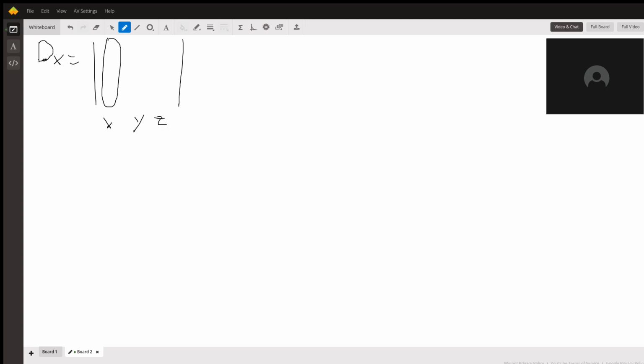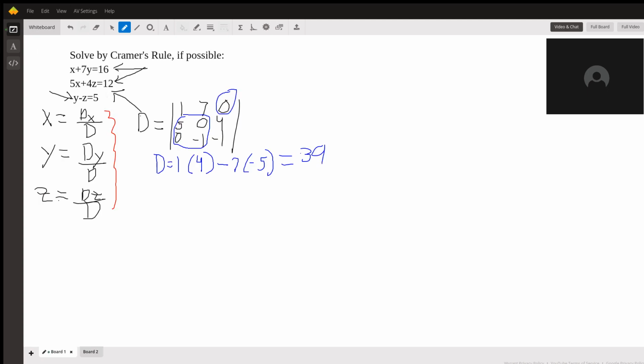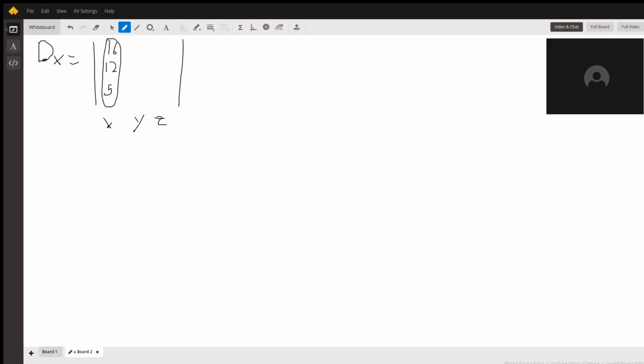In this column, I'm going to put 16, 12, and 5. Now I'm looking at the right-hand side of the system that was given in the original problem. We have 16, 12, and 5. And everything else, the y and z columns, are going to stay the same.